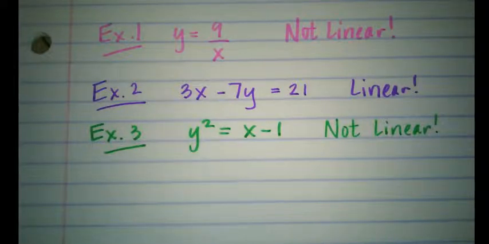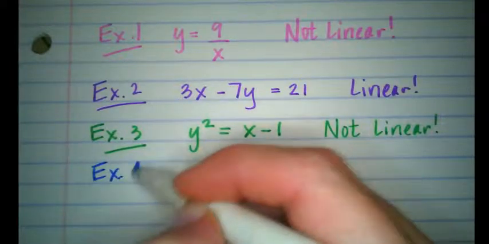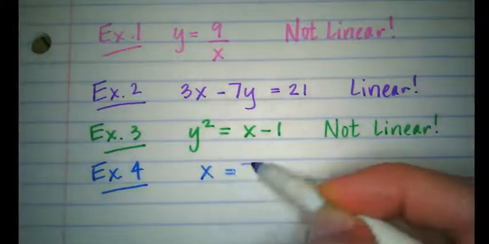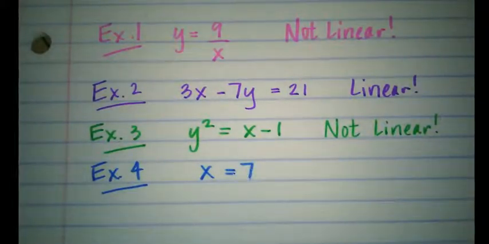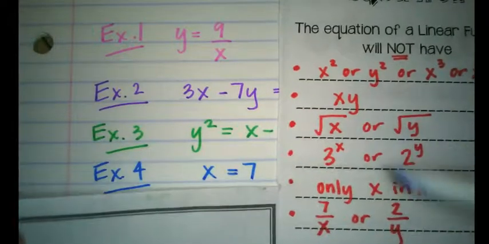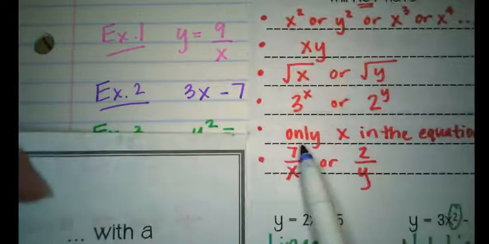All right, let's do one more of those. So example 4, what if we had x equals 7? Again, if we look at what we are not going to have in a linear function, we don't have any exponents, x and y are not multiplied together, we don't have any square roots, but here's a problem.